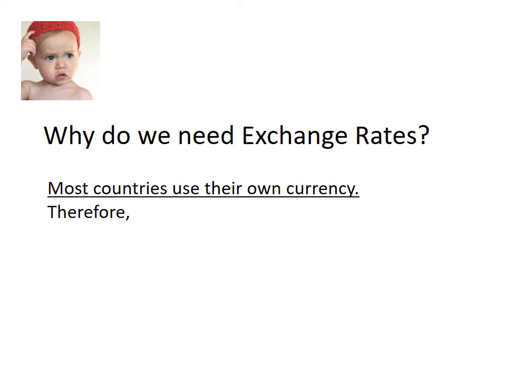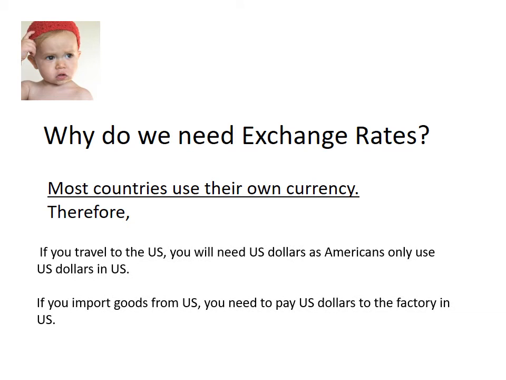Now, why do we need exchange rates? Most countries use their own currency, obviously. So for example, when we travel to the US, we need to have US dollars because they don't use Sing dollar there. When we want to buy US things there, they of course don't accept Sing dollar.